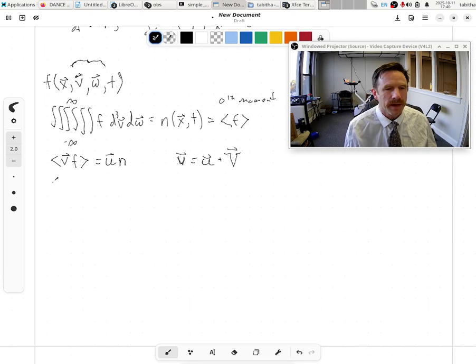Higher order moments are possible as well. For example, we might want to consider a component in, make a tensor field by integrating, multiplying by these components of the velocity. And this will give us the bulk flow plus a term which is a pressure tensor.